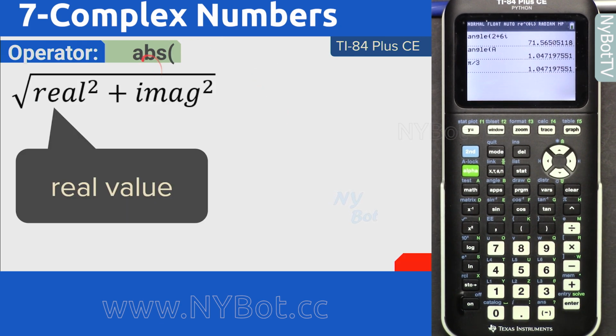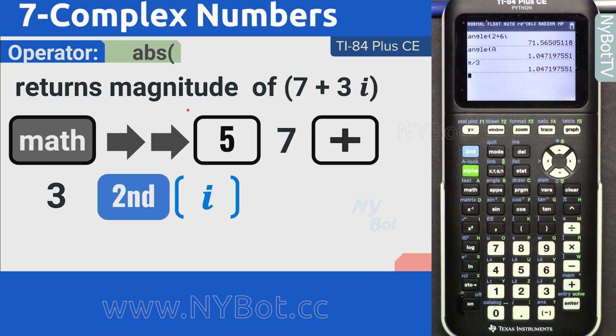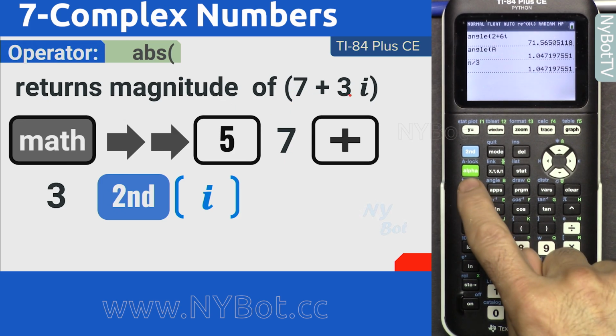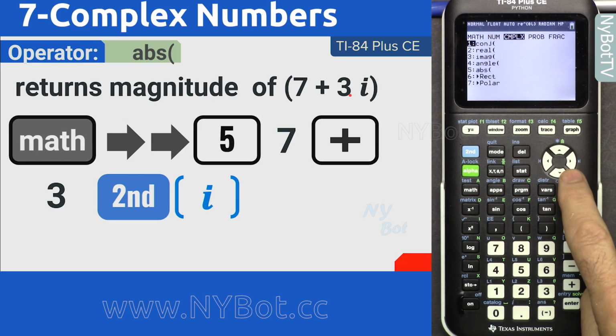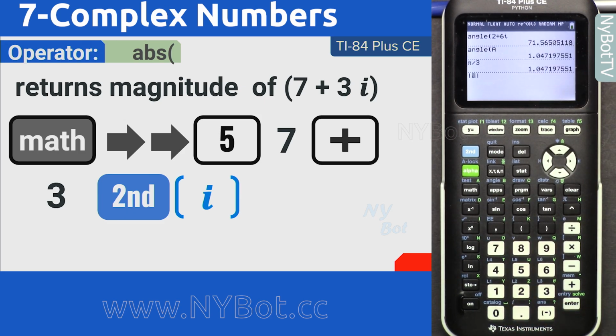And absolute value, ABS, is taking the square root of the square of the real value plus the squared value of the imaginary. And let's say you want to get the magnitude of 7 plus 3i, press math, go to complex and press 5, ABS or absolute. The bars are there, just enter the value, 7 plus 3i.